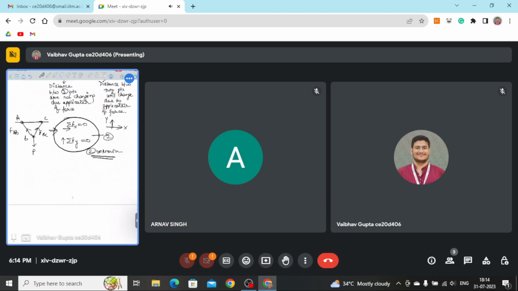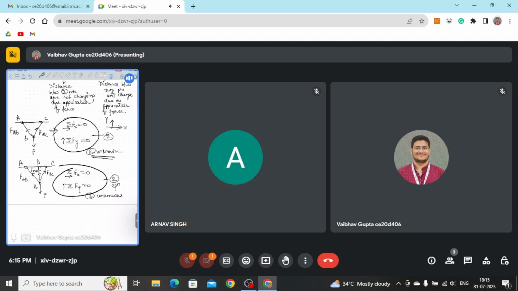While if I add one more member here, along with AB and BC, I add one more member BD, which is at 90 degrees towards the point B, and apply the same load P, now you have only two equilibrium equations, but this time you will have three unknowns: FAB, FBD, and FBC.